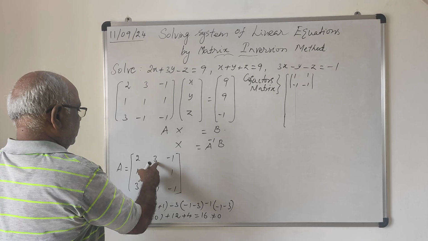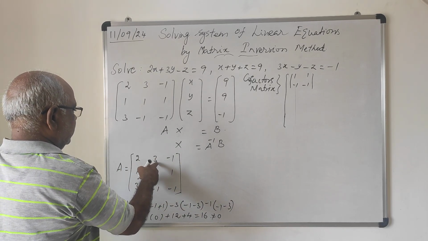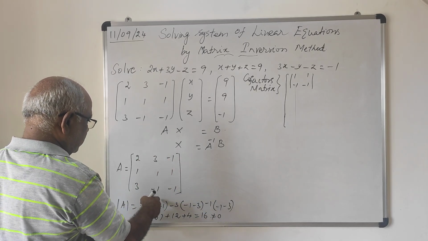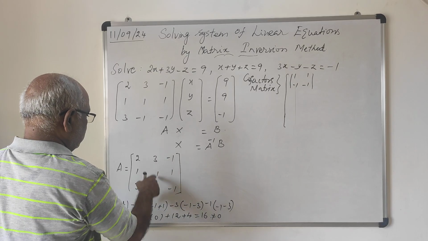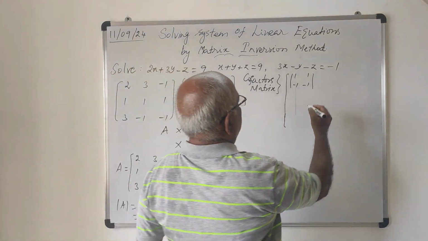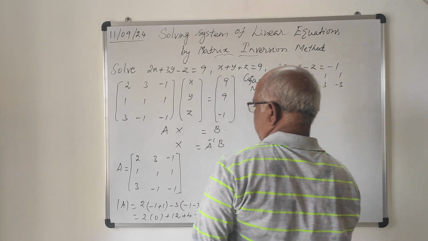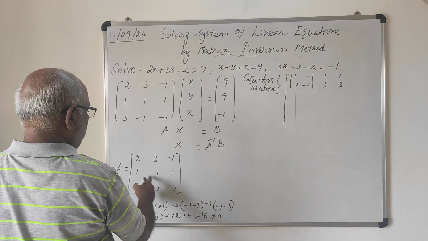Similarly, the first row, second column element 3. The cofactor of 3 is found by eliminating the first row and second column. This is 1, 1, 3, -1.